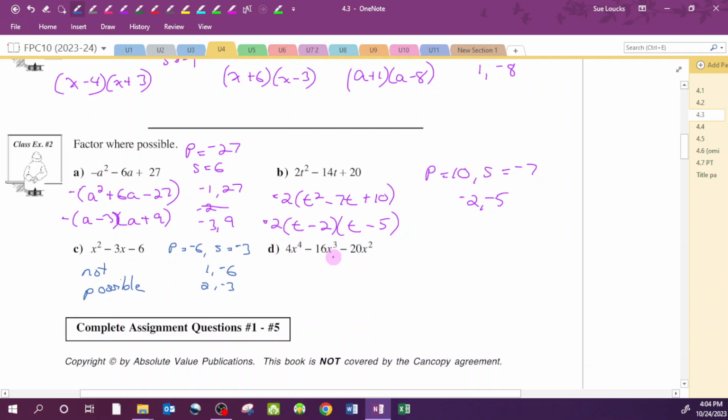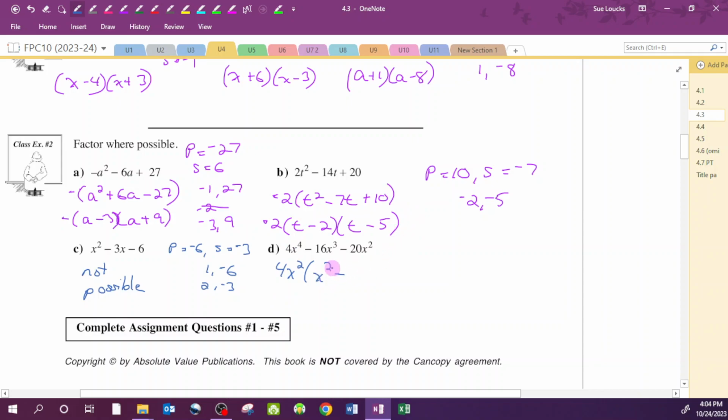And for D, I'm going to look for my greatest common factor because that's always the first thing I look for. So I can divide all of those by 4, and I can divide all of these by x squared because that's the highest degree of x that I have. And then what do I need to multiply 4x squared by to get 4x to the 4? If I multiply that by x squared, I get 4x to the 4.